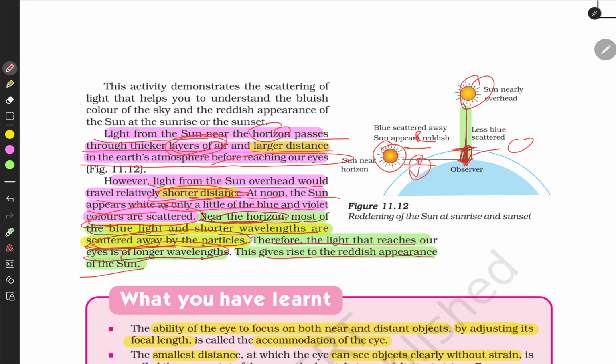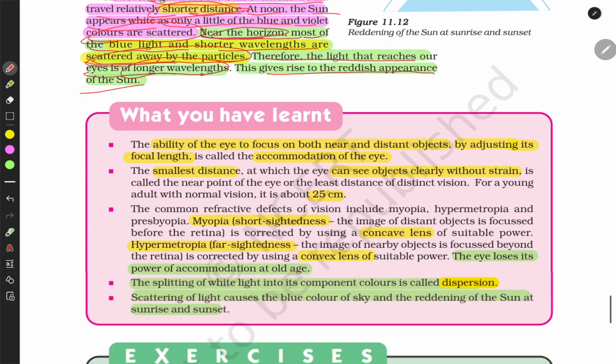As the blue lights scatter most, they scatter away by the particles, and red light, which scatters least, will reach the earth. Red light and the lights near red do not scatter much and reach our eyes. This is why we see the reddish color.